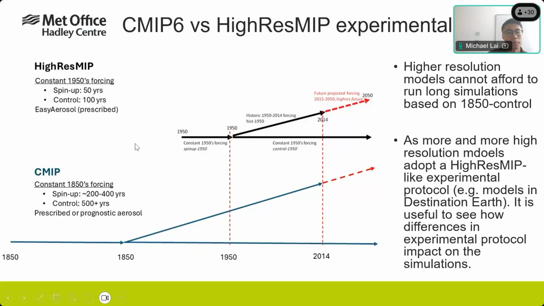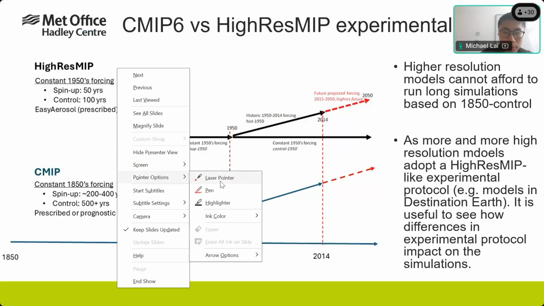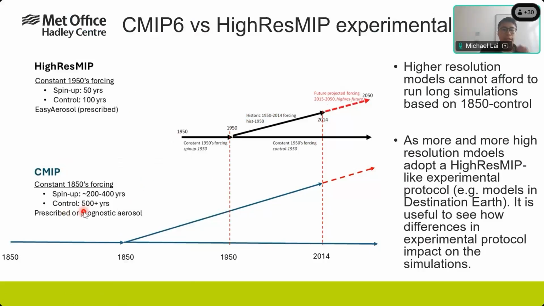So the bottom section shows the protocol for the CMIP simulations, which starts in 1850 with a very long spin-up, multiple hundreds of years, and a 500 plus year control before starting the historical simulations, which go up to 2014. However, for high resolution models, this is often prohibitively expensive. We simply can't run that many years.